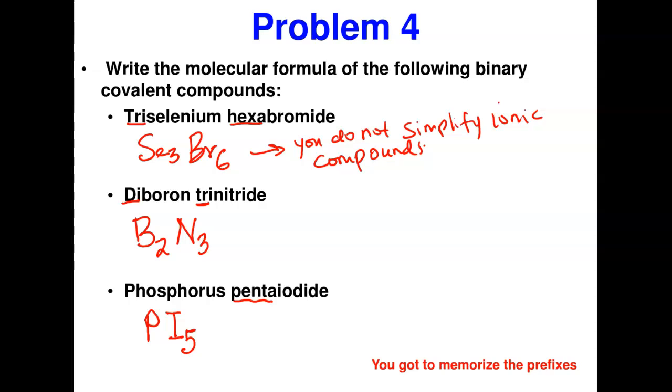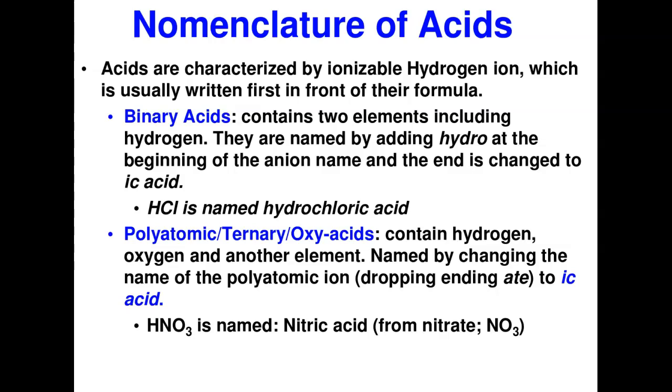The next one we'll be talking about is, how do we name acids? Acids are actually polar molecules, and the good thing about them is that they behave like ionic compounds because they have ionizable hydrogen ions they can easily release. They have these hydrogen ions that they can easily donate, which makes them behave like ionic compounds.